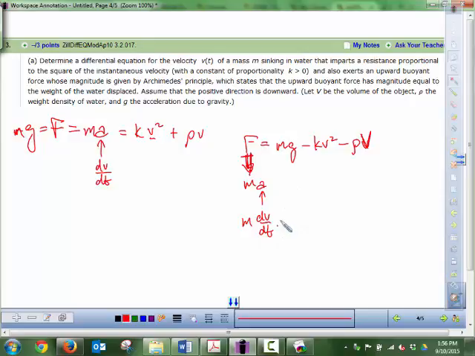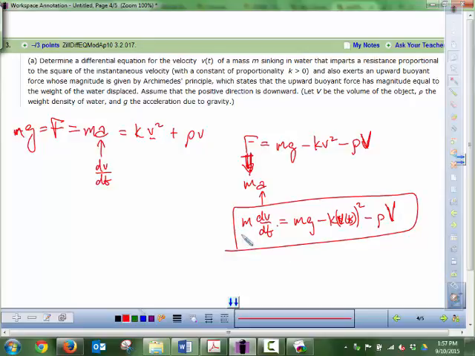And so if you write m dv/dt equal to mg minus kv squared minus rho capital V for volume, then you have your differential equation. All right. So that's our differential equation, and we want to try to solve it.